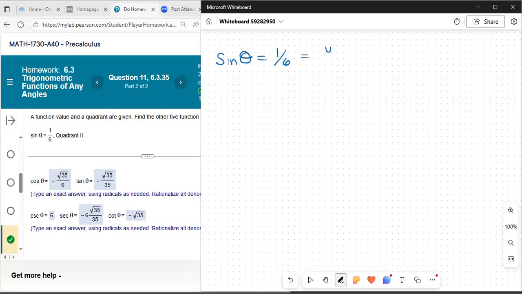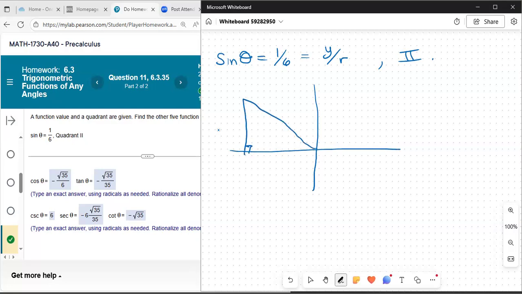And we know that is y over r. Okay, so we're in quadrant 2. So we know r is 6, y is 1.